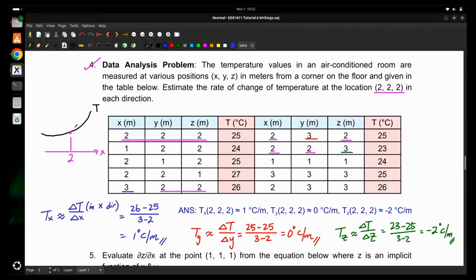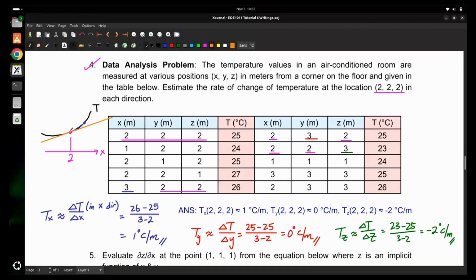So I take this temperature and this temperature. So I'm using this secant line to estimate the gradient of the tangent line. So let's say your tangent line looks like that. I'm using the gradient of the blue line to approximate the gradient of the tangent line, the orange line. So this is certainly one method.